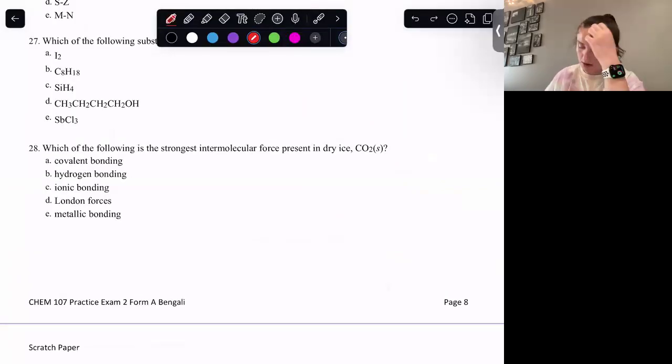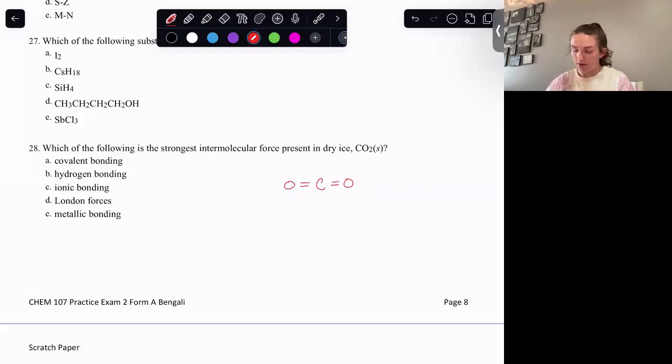Yep. So this time we're talking about intermolecular forces. We are talking about carbon dioxide, and we're talking about between molecules, or within the carbon dioxide molecules. When we look at carbon dioxide, this is the structure that we come up with.